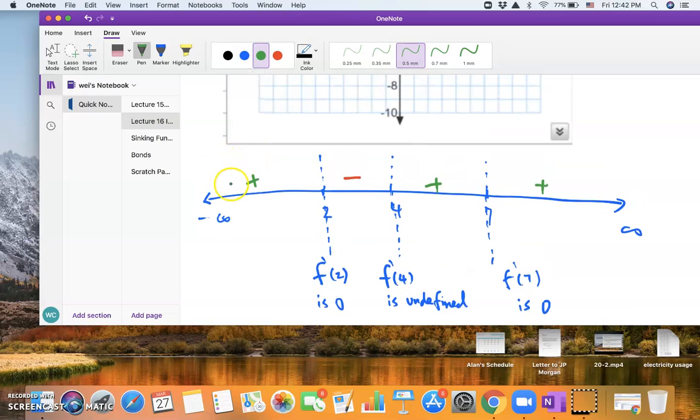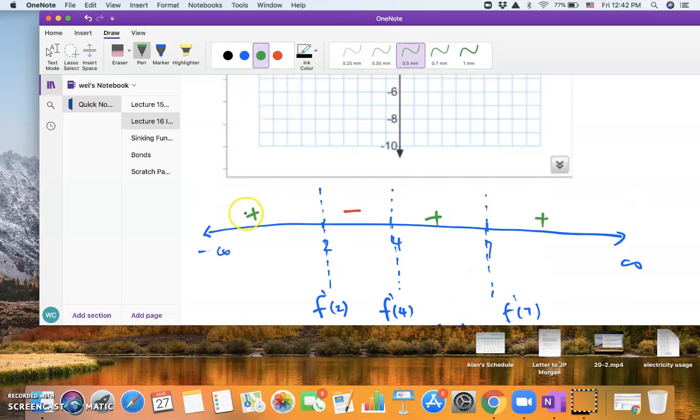So when the derivative is positive, the function is going to be increasing. So the graph of the function is going to be like this. It goes up, right? So the function is increasing.